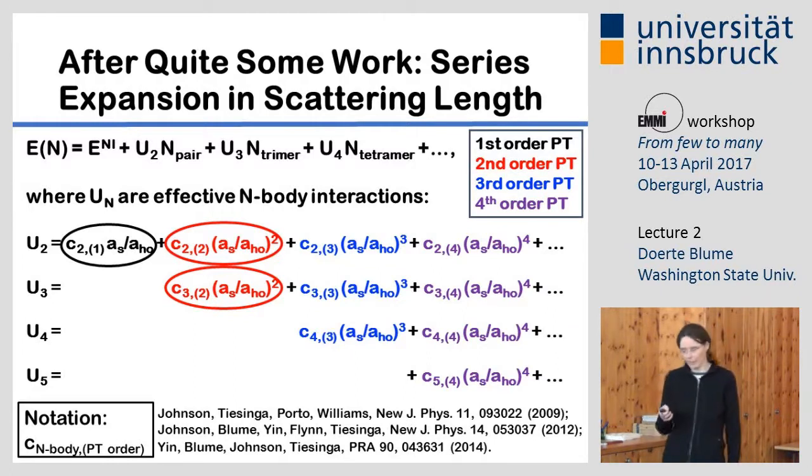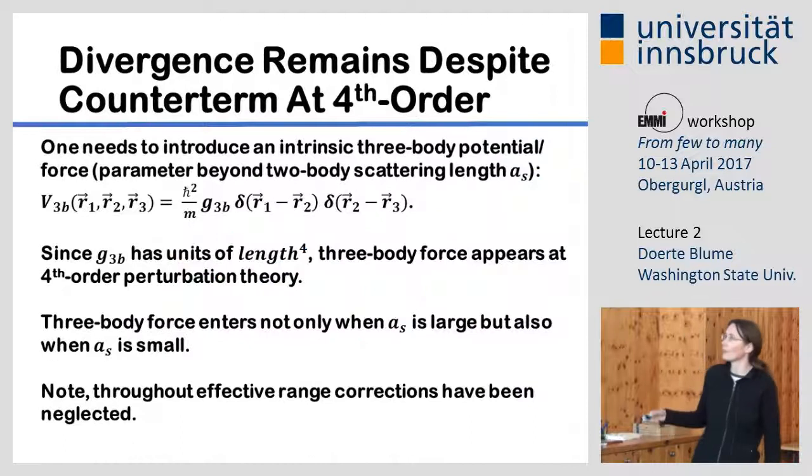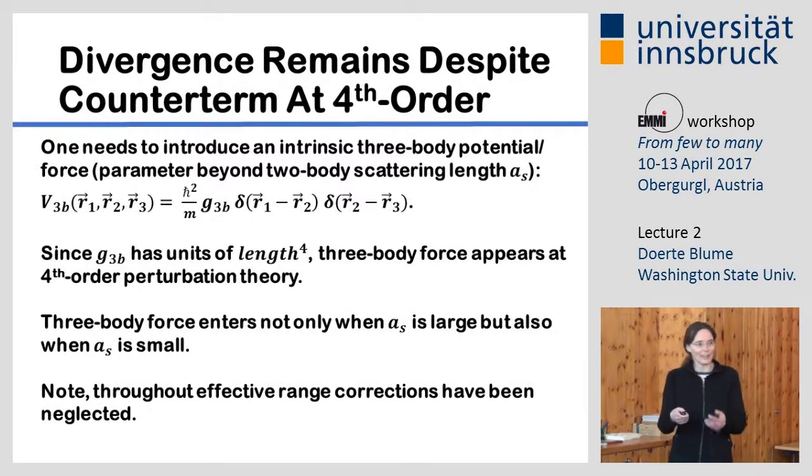What you find, however, is that the theory is not well defined at fourth order if you only keep the S-wave scattering lengths. And so you actually do need to introduce, sort of by hand, a three-body potential. So this is an intrinsic three-body interaction that comes in at fourth order perturbation theory.